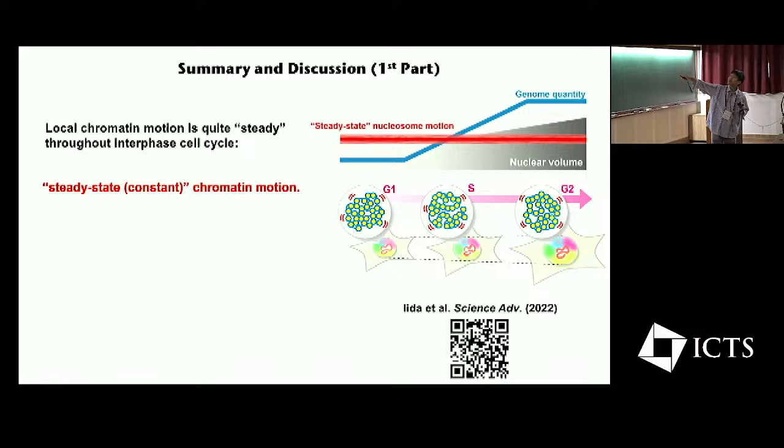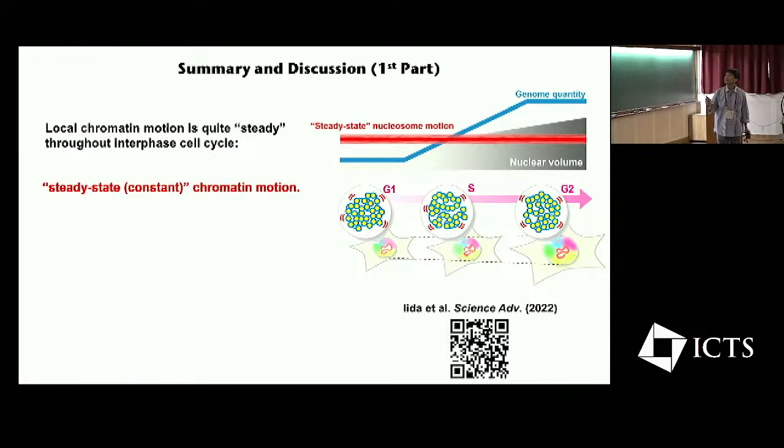Steady state chromatin motion is the average nucleosome motion of many nucleosomes, and this average motion is quite constant throughout the interphase cycle. Later, in the second part of my talk, I'll discuss nucleosome motion in mitotic chromosomes.